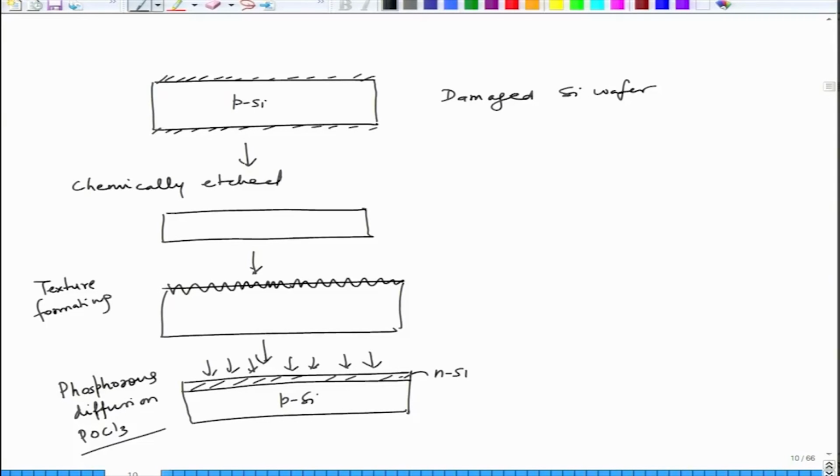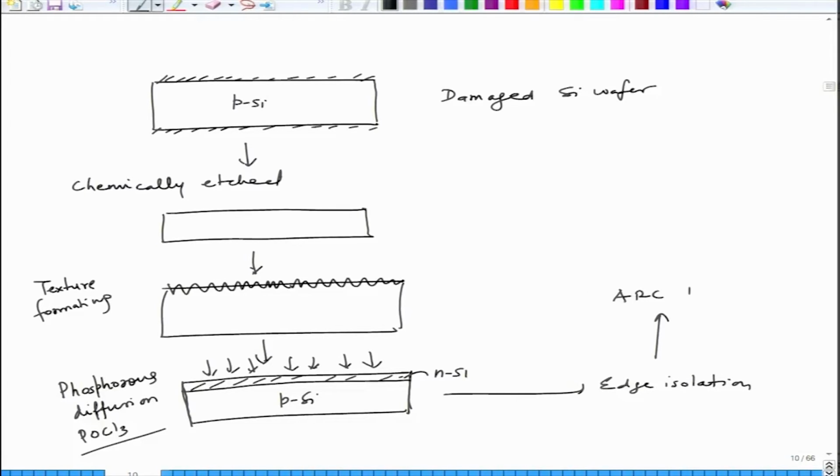After you have done that, you chop off the edges a little bit. This is what we call edge isolation, because there will be some damage on the edges as well. So you chop off the edges to make it a little smaller. After edge isolation, we do the process called ARC deposition.